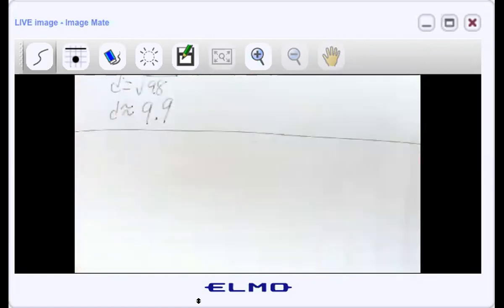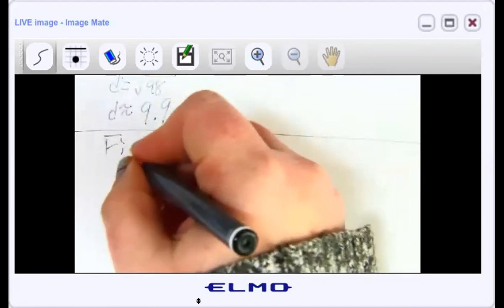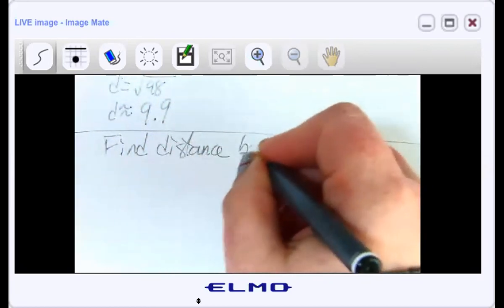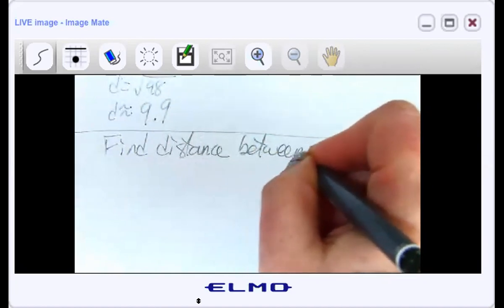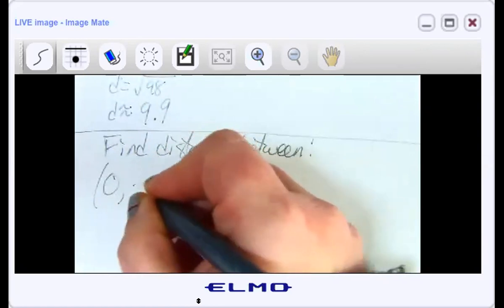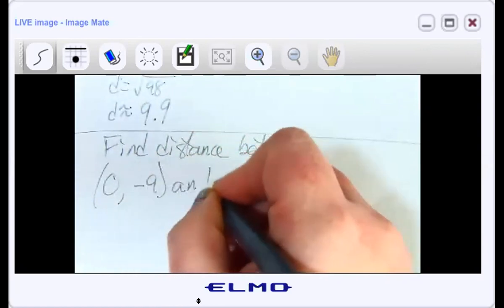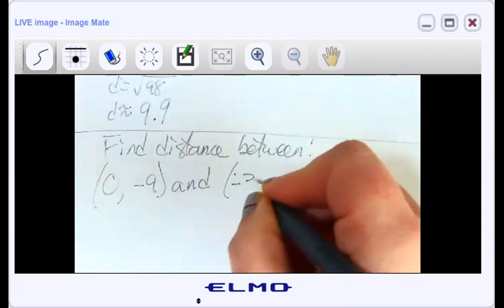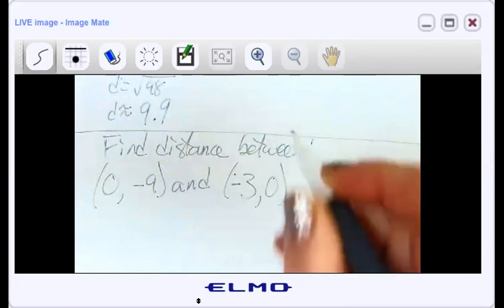So try this one. Let's do 0, -9, and -3, 0. Let's do those two.